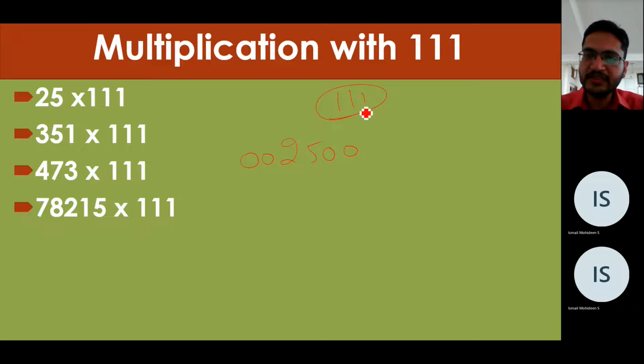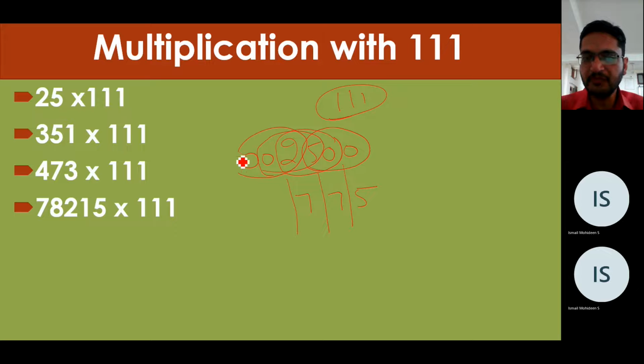Now because here are 3 ones, I will make a pair of 3-digit numbers. First of all I will add 500, so I will get 5. Next I will add the next 3 numbers, 250, that is 7. Next 025, again I will get 7.